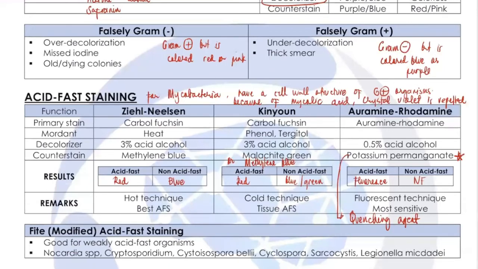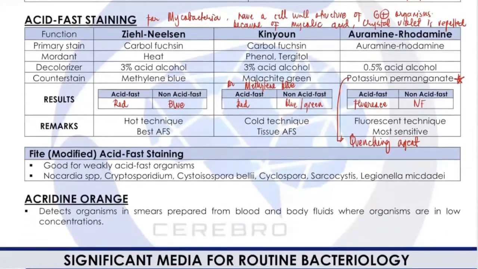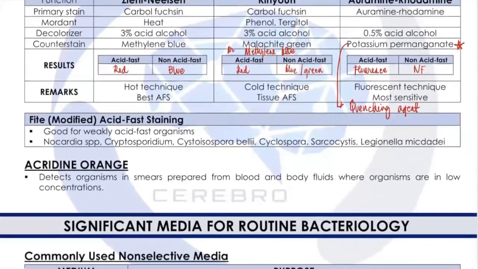Okay? Then we have the modified acid-fast staining technique, or the Fite acid-fast technique, which is utilized for weakly acid-fast organisms. Okay? So examples of weak acid-fast organisms are Nocardia, Cryptosporidium, Cystoisospora belli, which is formerly known as Isospora belli, Cyclospora, Cercocystis, and Legionella micdadei.